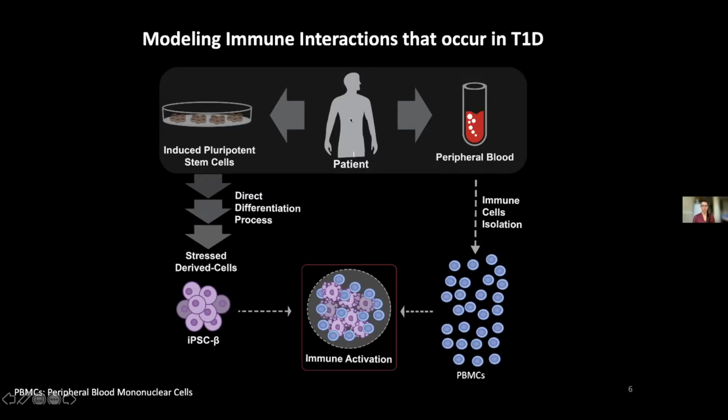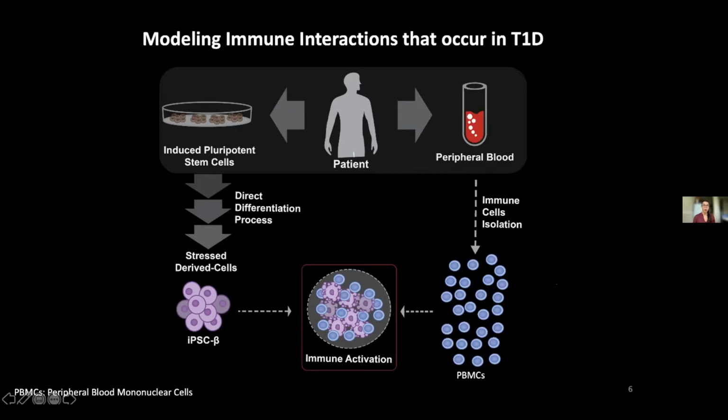And since we are working with living patients, we were able to isolate the peripheral blood from the same patients. Then we isolated the PBMCs, or peripheral blood mononuclear cells, and performed co-culture assays with the goal of studying the interactions between the immune cells and the beta cells.